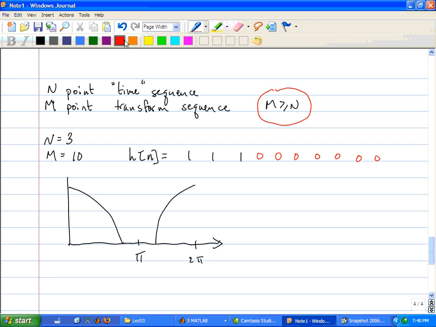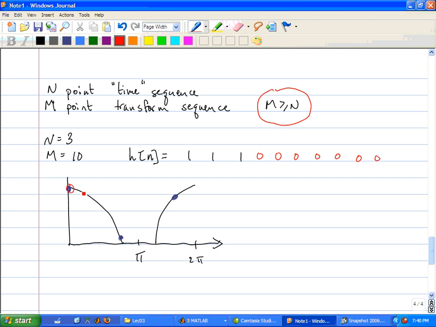So instead of sampling it at, let's see, if we just did a 3-point DTFT, we'd get a sample at 0, a sample at 1/3, and a sample at 2/3. But now that I've padded it with 7 zeros, I'm actually going to get 10 samples off of that. So it's the same basic DTFT, but now I'm sampling it in 10 different locations.